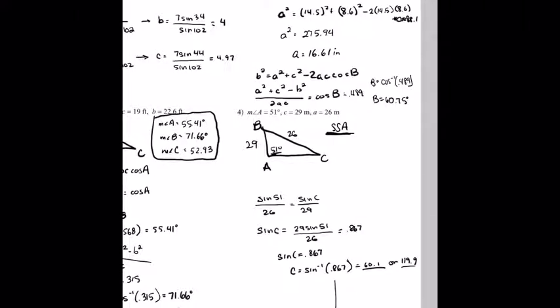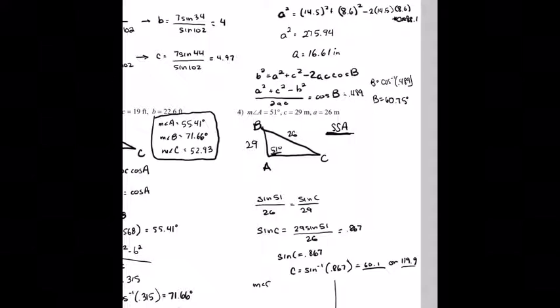So let's start with the 60.1. So measure of angle C equals 60.1 degrees. Now we can add those two together to get the measure of angle B.